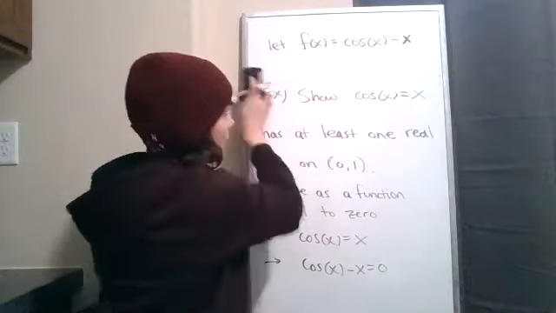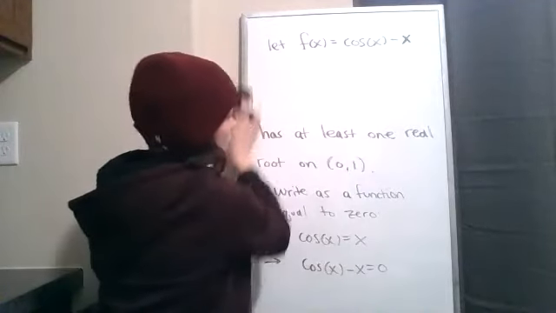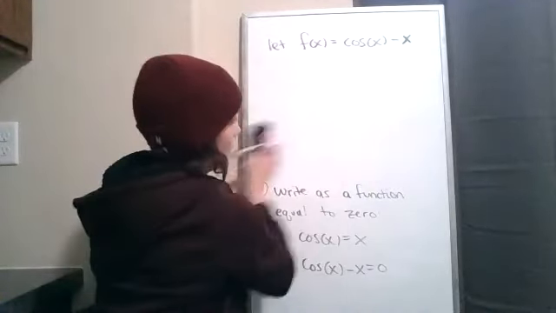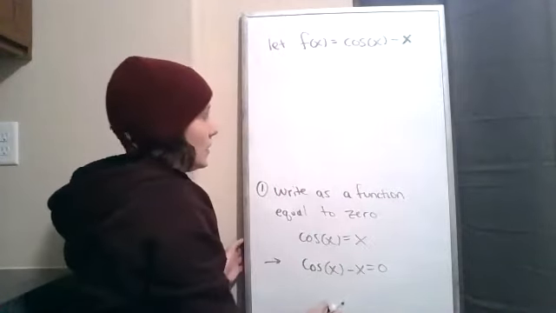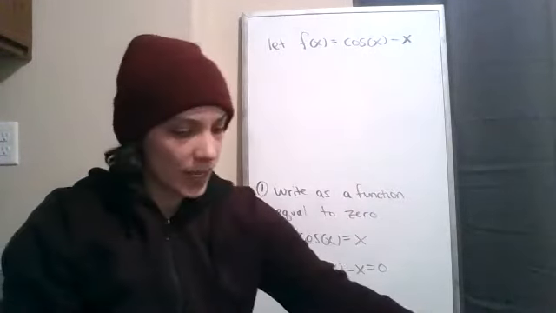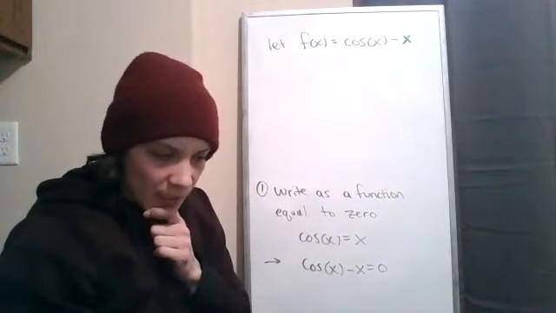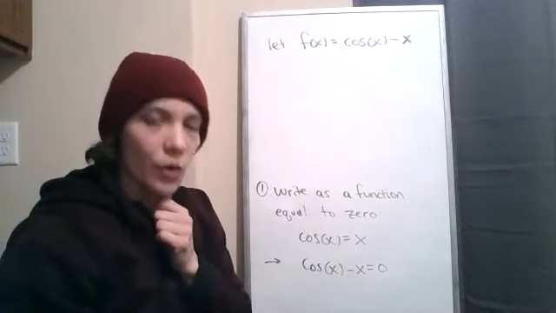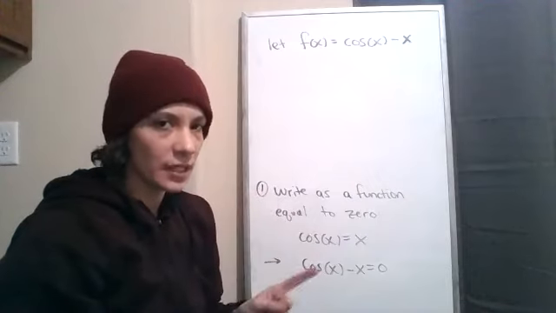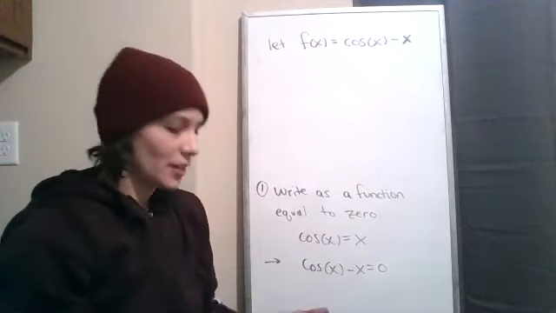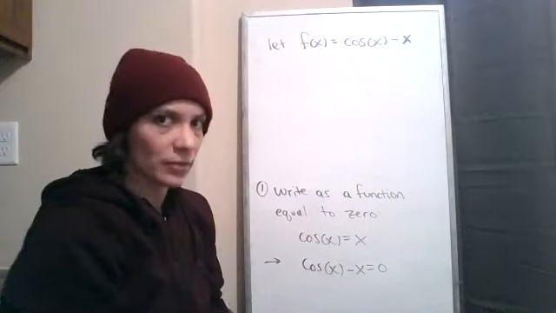So we're going now to the interval 0, 1. I put a note to show that f is continuous. We need that part for the theorem. So we need f to be continuous on the interval from 0 to 1.